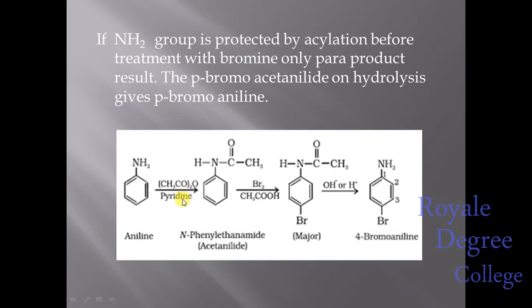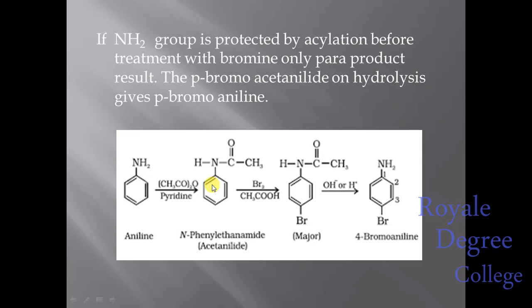One hydrogen comes out of aniline, and in place of that, COCH3 from acetic anhydride is attached there. It is named acetanilide, also named N-phenylethanamide. We also get a side product, CH3COOH.